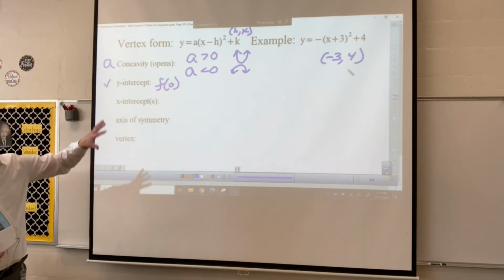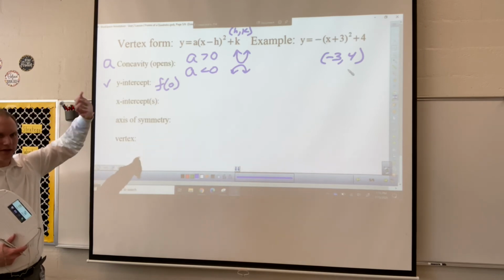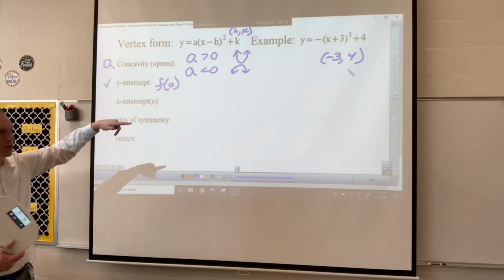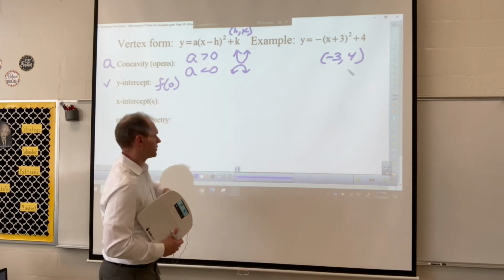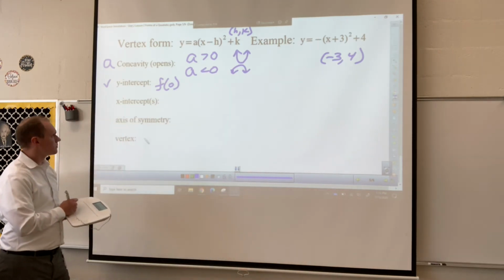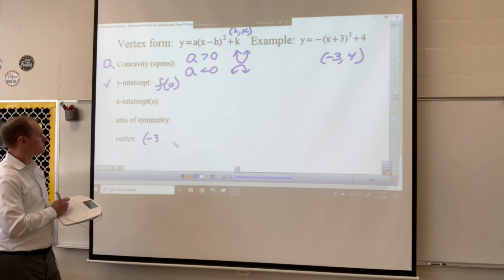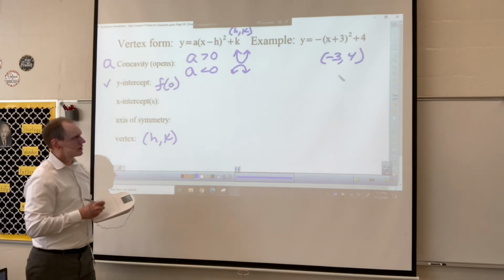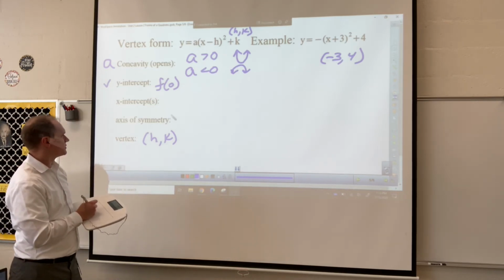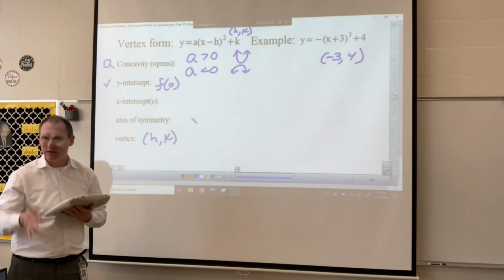Now I don't want to just tell you that that's the way it is. I want to show you too why those become the values for the vertex. Okay, and then we'll come back to that here in a second. So, and then the axis of symmetry we know goes through that vertex, right?